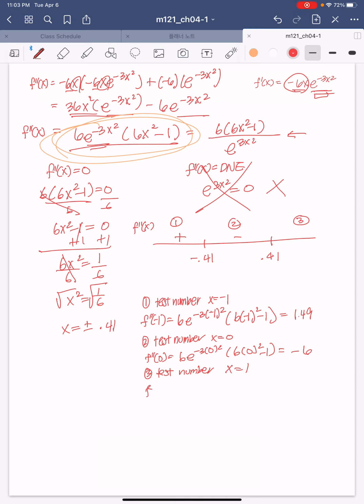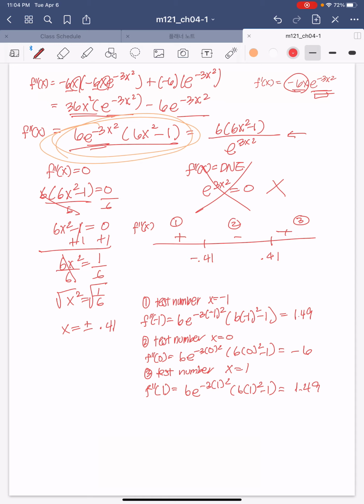Last one, f double prime of 1. I have 6e raised to negative 3 times 1 squared, times 6 times 1 squared minus 1. Putting it into a calculator, I get positive 1.49. So I get a positive number.